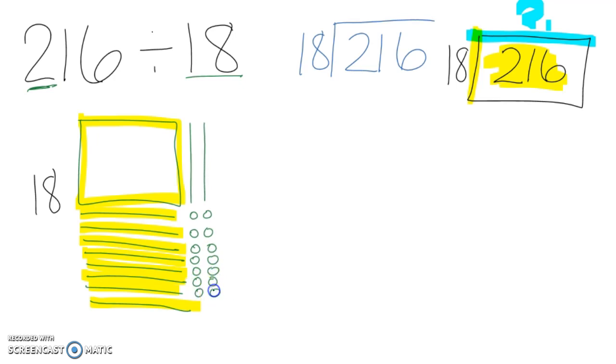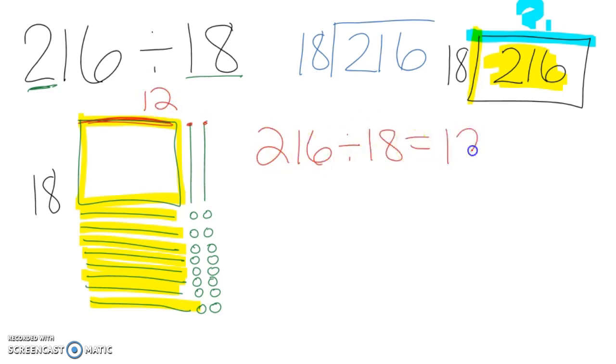Now I have 216. Oh, my quotient is available to me as well. 10, 11, 12. So 216 divided by 18 equals 12. And this is called using the area model, and we're using the area model for division.